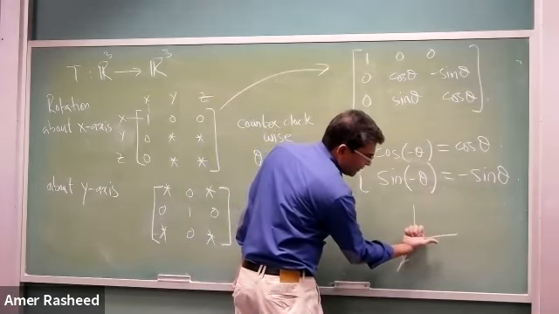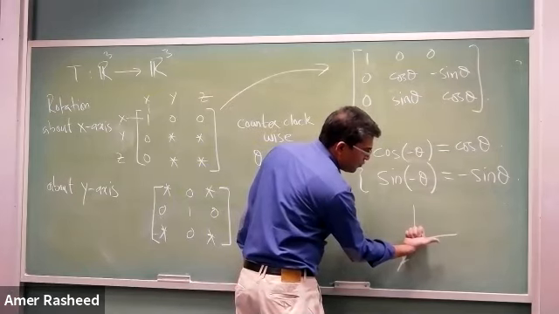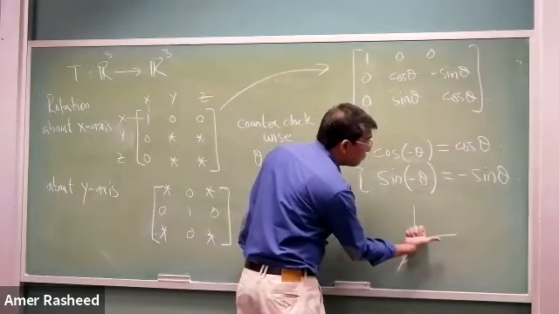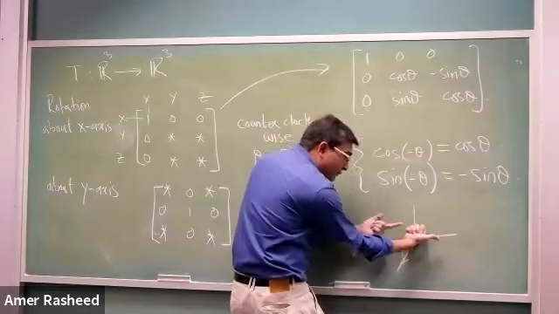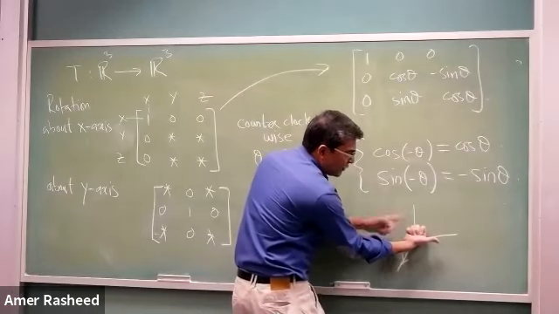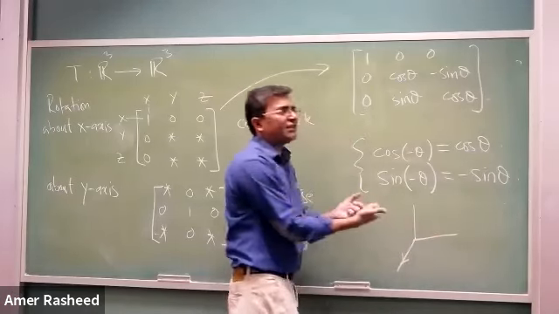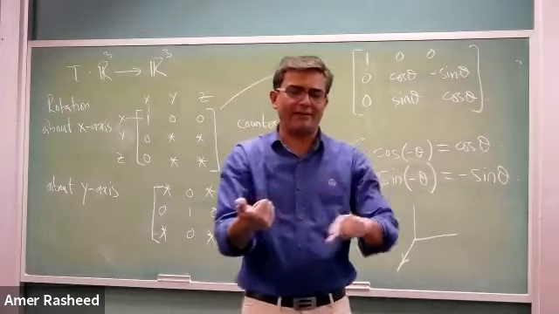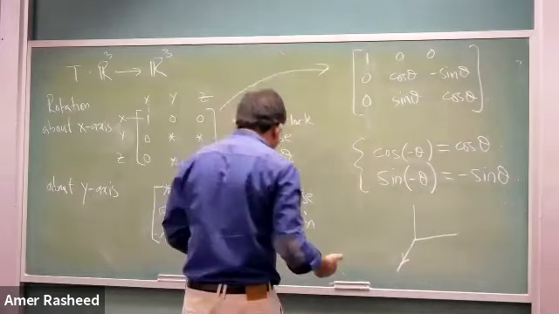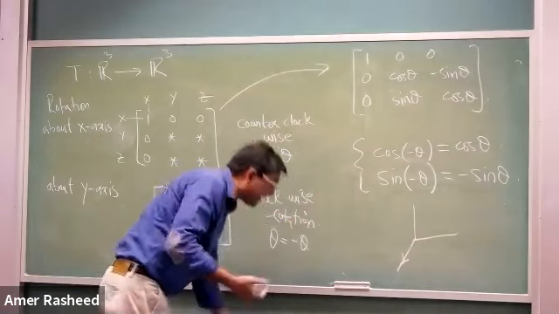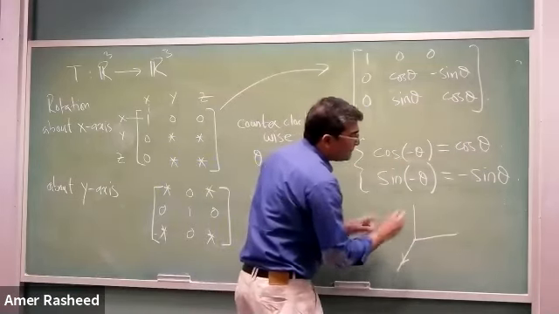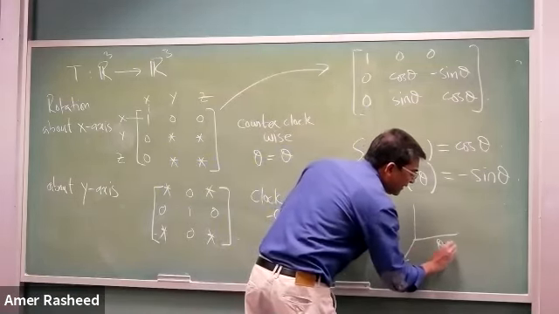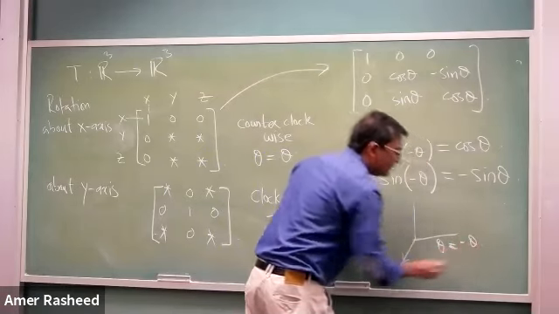Your fingers are rotating how? Clockwise. So this is the natural rotation of that vector. If those vectors are rotating clockwise, then theta will be equal to negative theta.